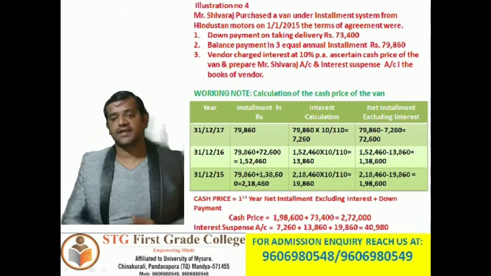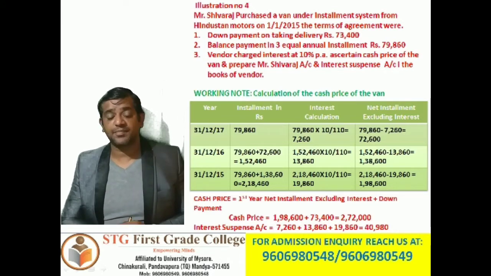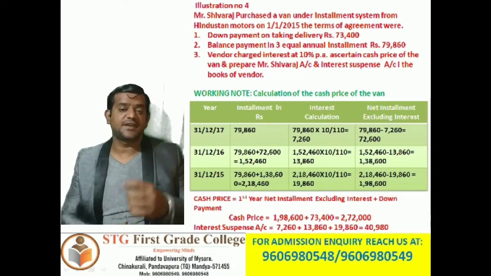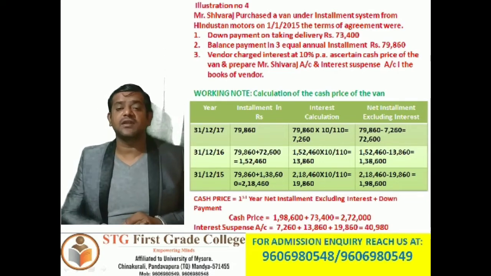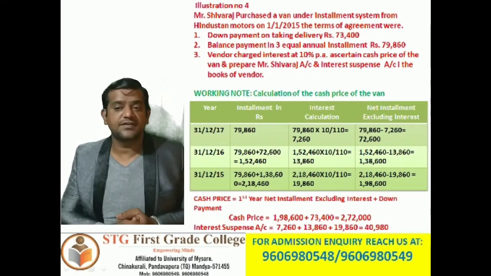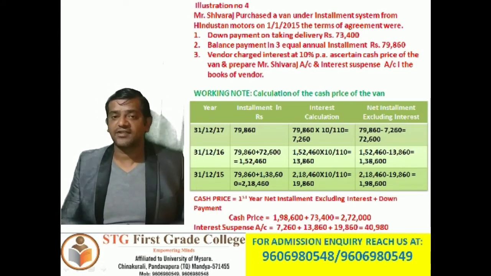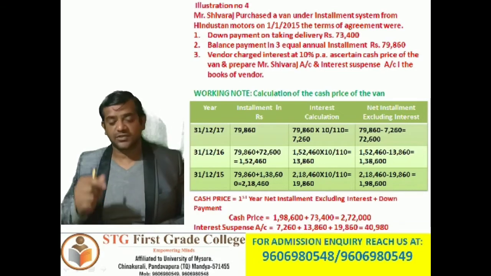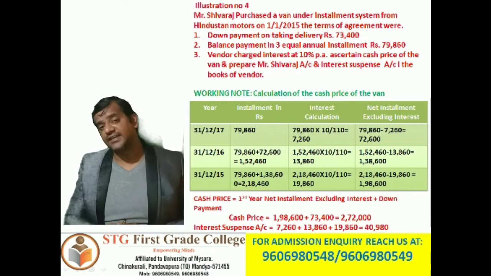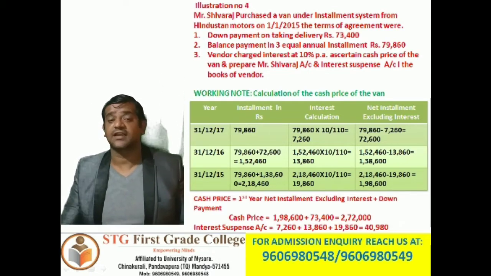Here the down payment and the annual installment have been given, but the cash price is not given. So we are supposed to calculate both the cash price as well as the interest. So let us calculate it.